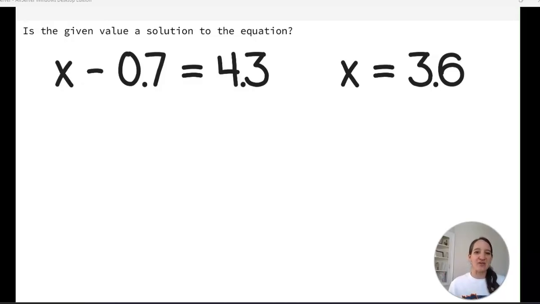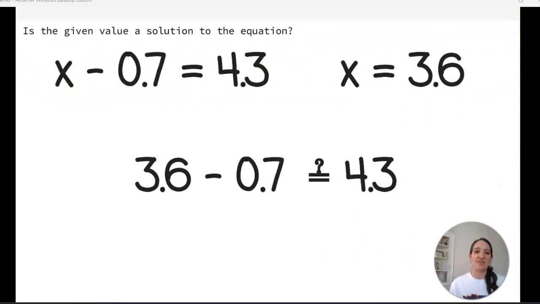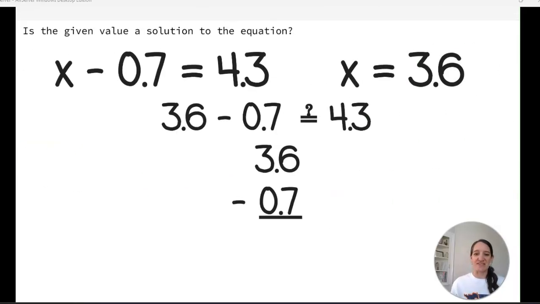Is the given value, which they gave us here, a solution to the equation? Well, this says x equals, so let's plug this in for x. So we end up with 36 minus 7/10. Does that equal 4.3? That's kind of what that symbol means. So let's do 36 minus 0.7.